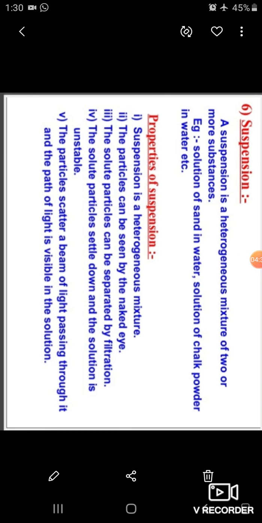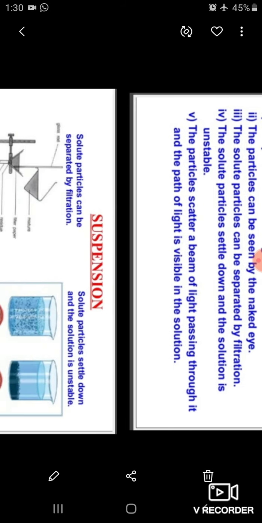Now the properties of suspension. A suspension is a heterogeneous mixture because the particles can be seen by the naked eye.